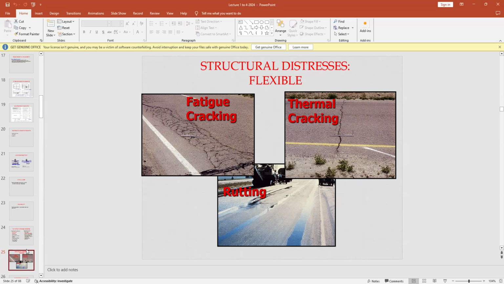It works at some places, even in the US; another researcher comes up with some other material, and it works at other places, but no uniform consensus has been reached, and no uniform cure has been suggested so far to prevent rutting. We'll talk about this in detail.